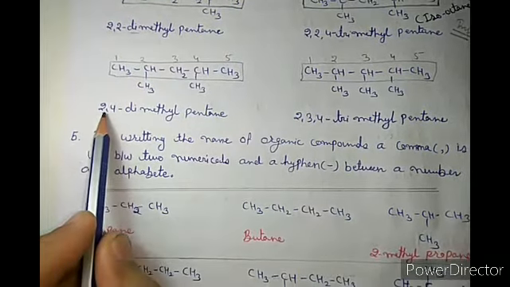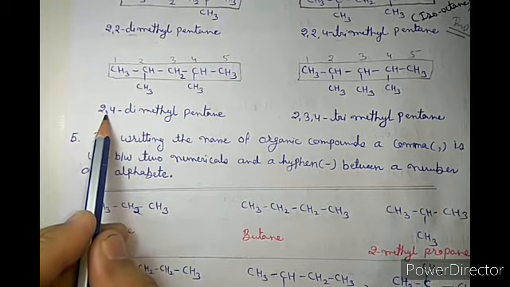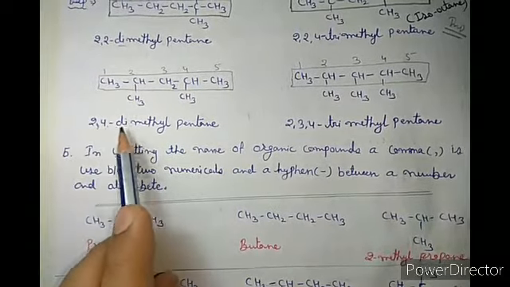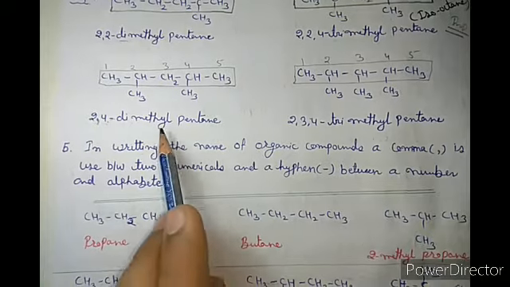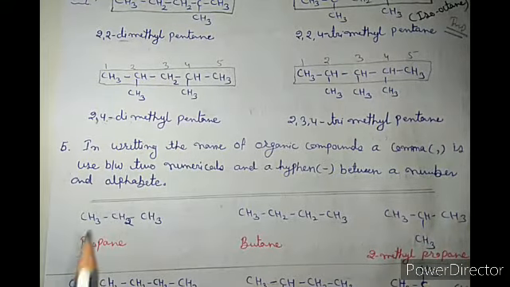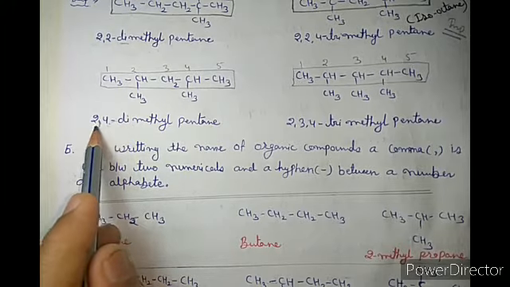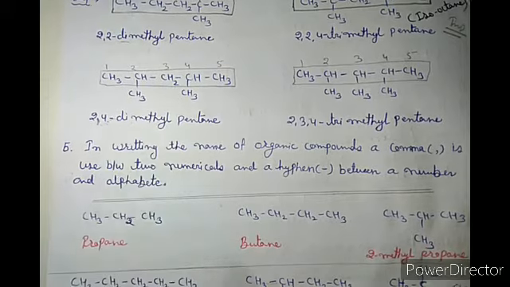There is no sign between the alphabets, but between the numericals, and between a numeral and an alphabet, there are signs. That is comma and hyphen. Got it?